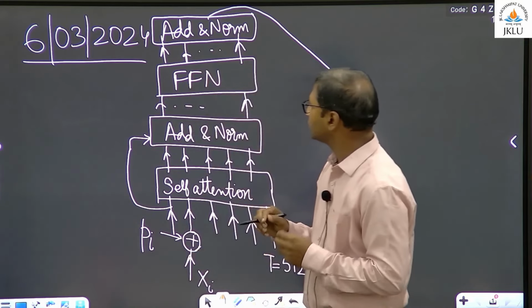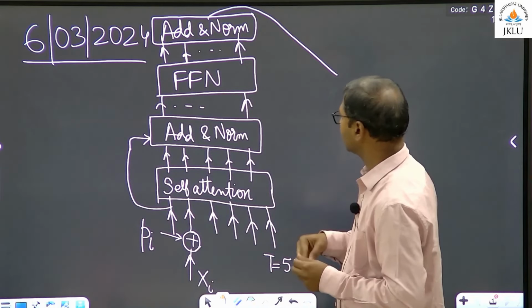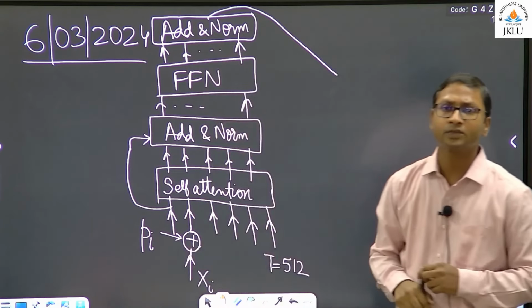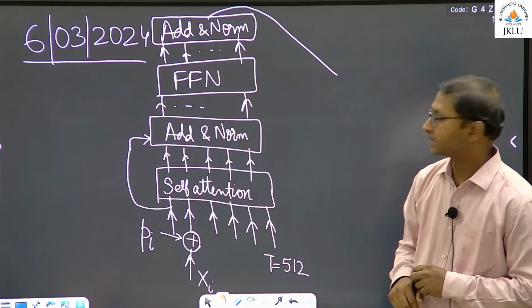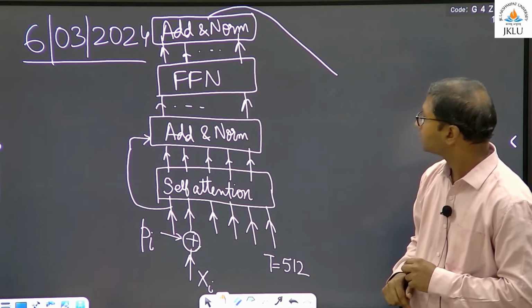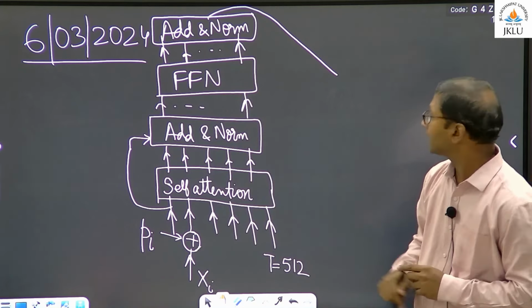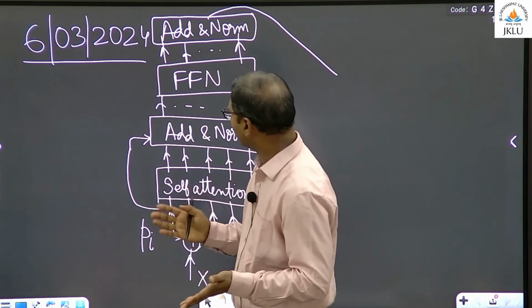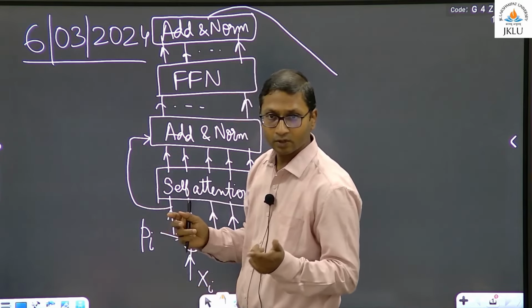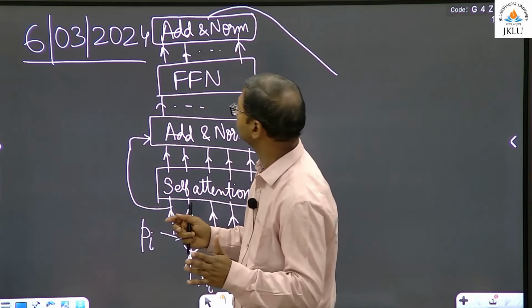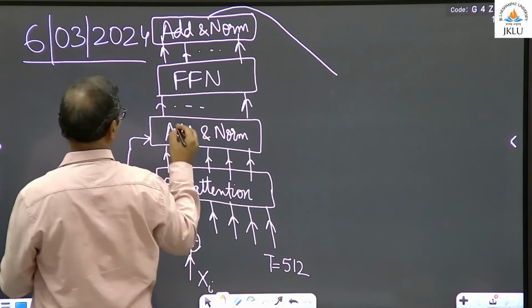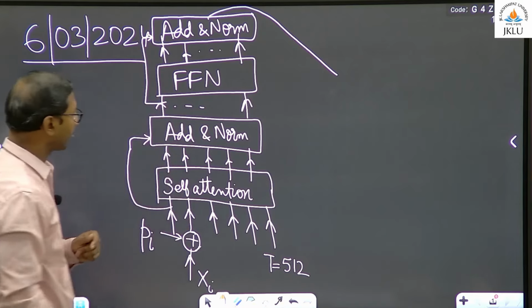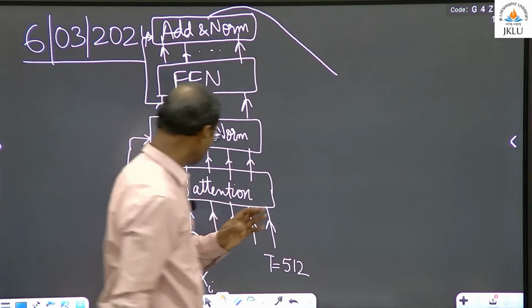You send it to a feed forward network, is that right? Yes. And after the feed forward, the add and norm will also have a short circuit. Right, add and norm, so add. Where do I short circuit? So this goes here. So this is my full encoder.